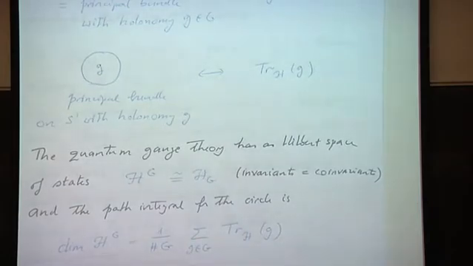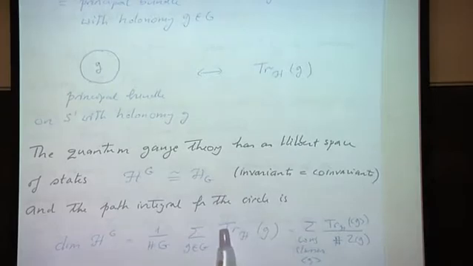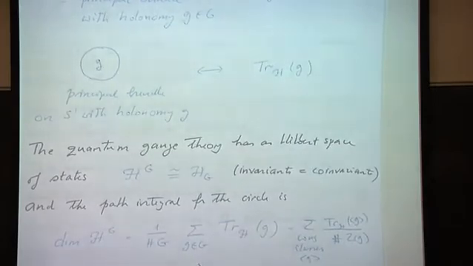I should have written it more obviously. The sum over conjugacy classes, that's a bit more obvious written like that, of the trace of the conjugacy class, and now that's divided by the order of the centralizer, the group of automorphisms of the bundle. So you weigh them down by the group of automorphisms, but it's the same as the sum on the left, which by a known theorem is the dimension of the space of invariants.